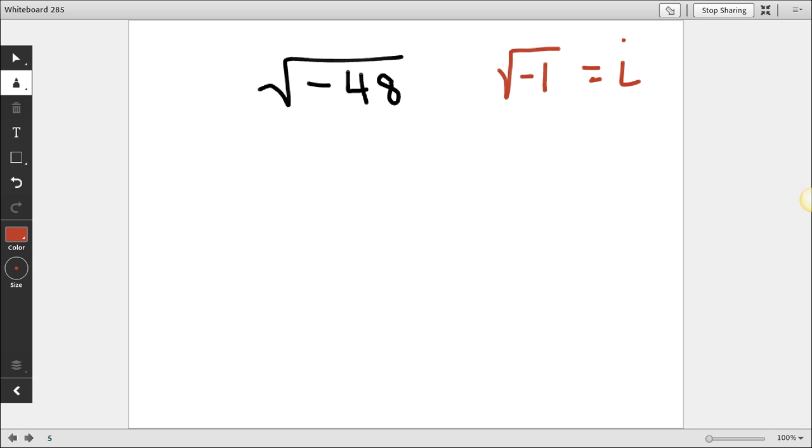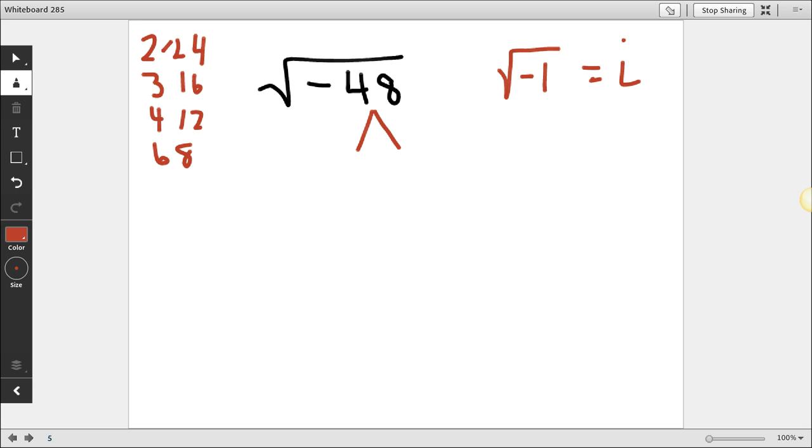So what do we have to do? We have to factor this value into terms that we can find square roots of. So 48 will break down into several things: 2 times 24, 3 times 16, 4 times 12, 6 times 8.